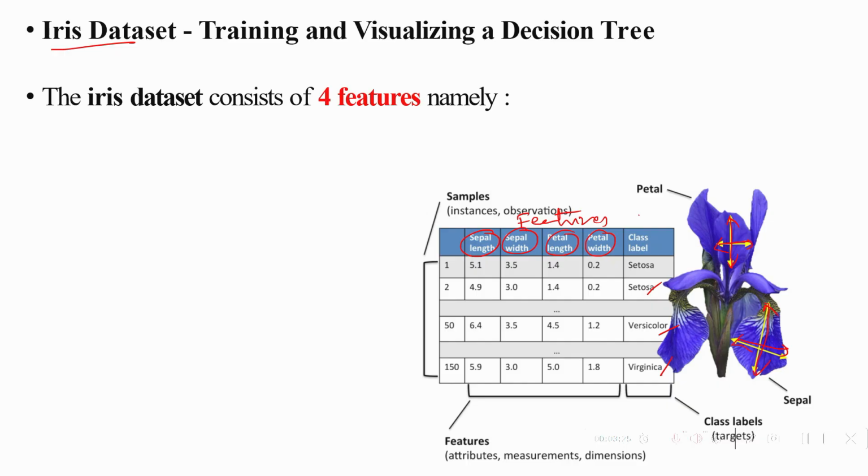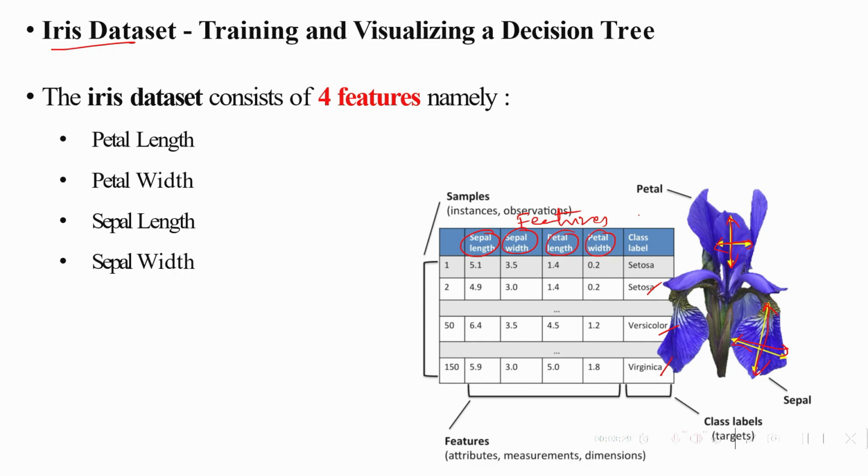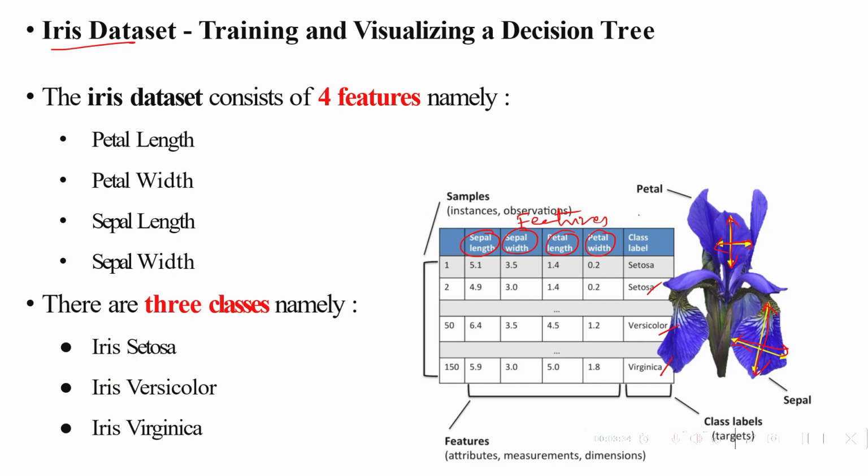The iris data set contains four features: petal length, petal width, sepal length, and sepal width. The corresponding class labels are iris setosa, iris versicolor, and iris virginica. There are three class labels, four features, and 150 instances in total. Each class, setosa, versicolor, and virginica, contains 50 instances, so the data is equally distributed across all three class labels.